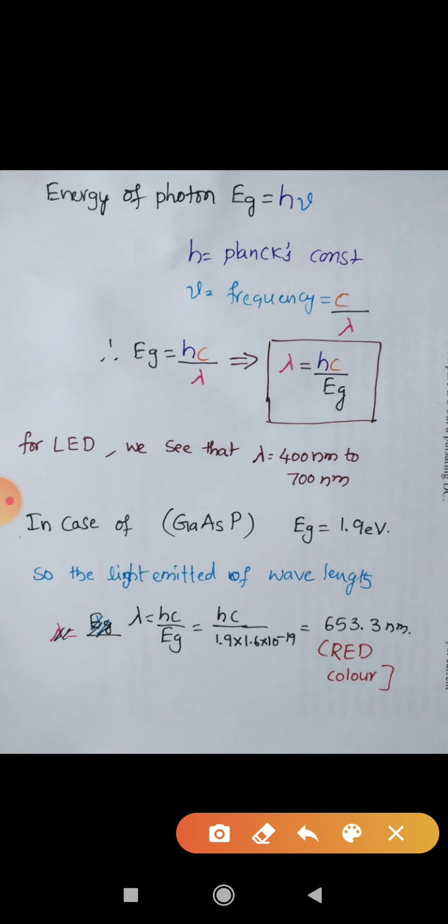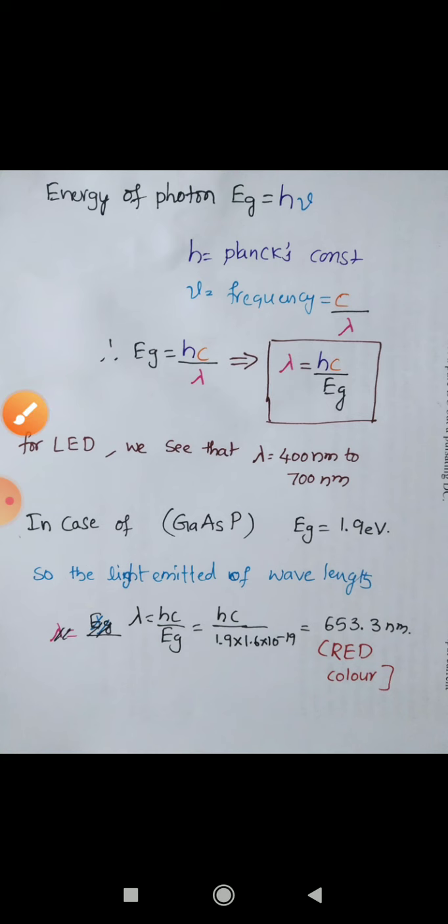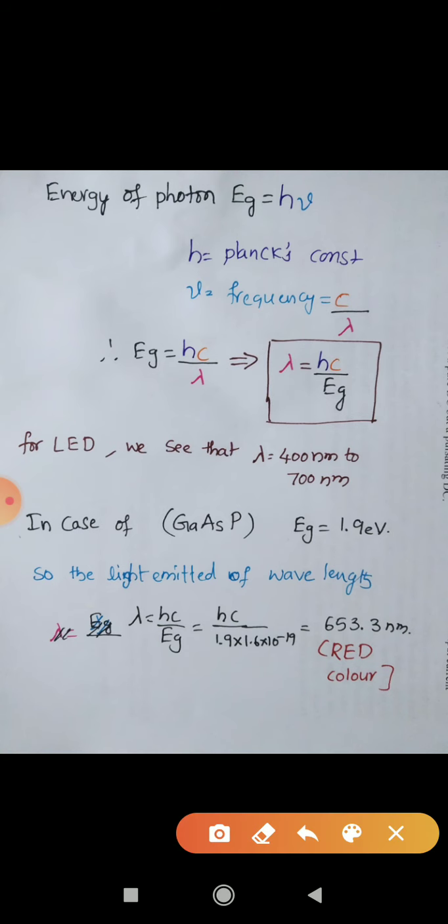And by rearranging the terms, we can write it as lambda equals hc by Eg, where h is Planck's constant, c is velocity of light in vacuum, Eg is the energy gap. Here you can see that the emitted light wavelength depends on energy gap of the semiconductor or PN junction diode.